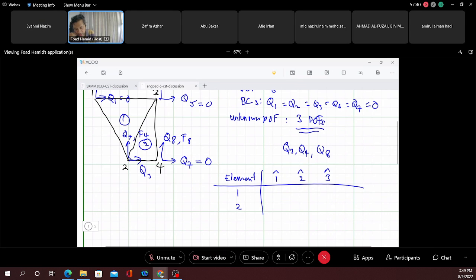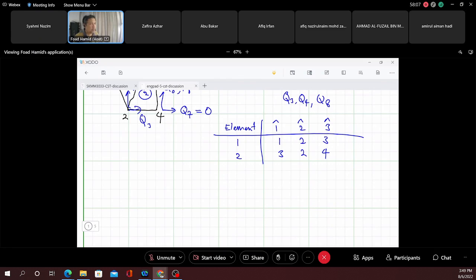So this is the same, 1, 2, 3. And for element number 2, local node 1, to me is this one, which is global node number 3, 2, and 4. Okay, so this is very critical, this element connectivity table.